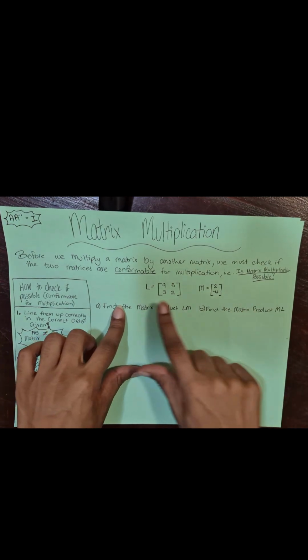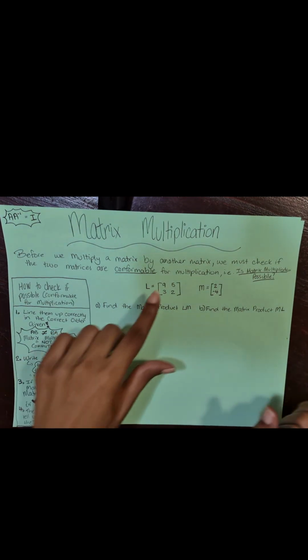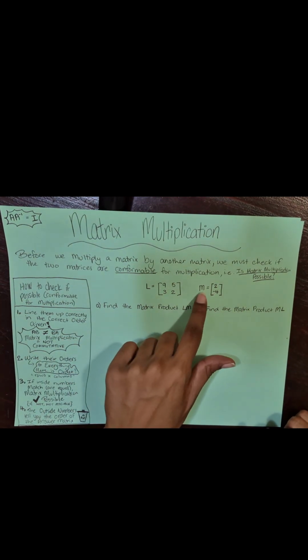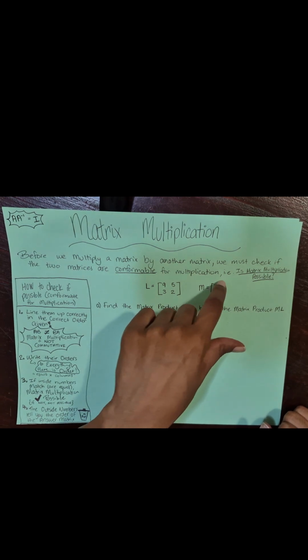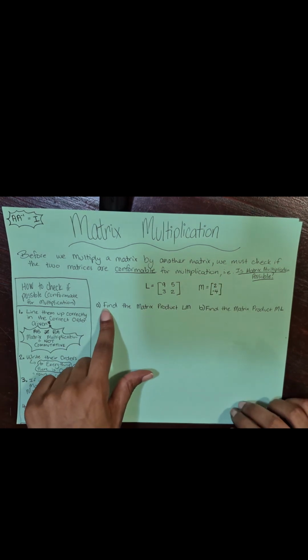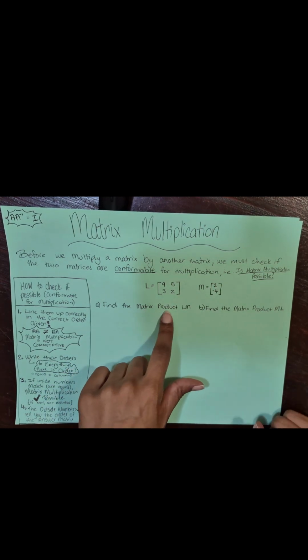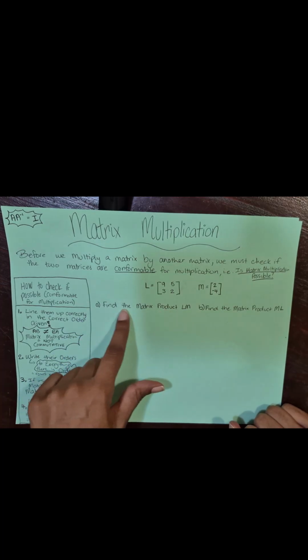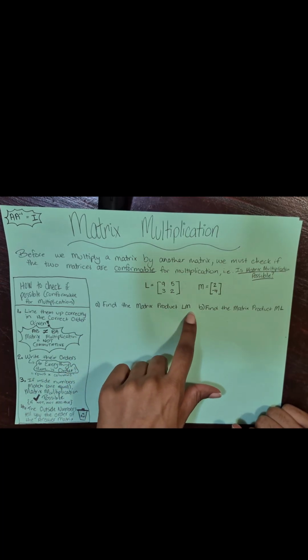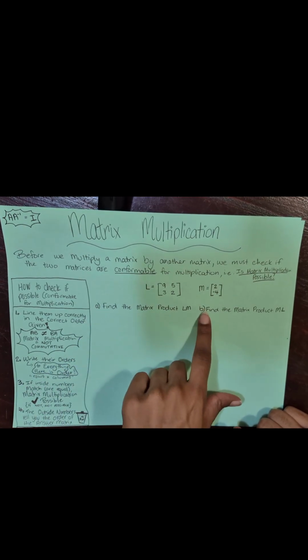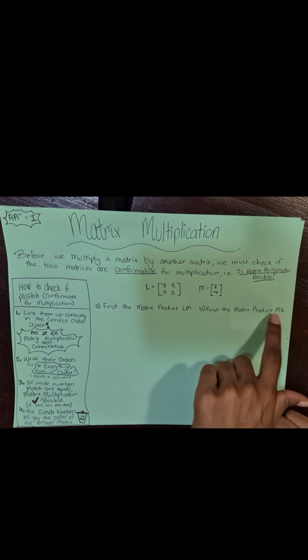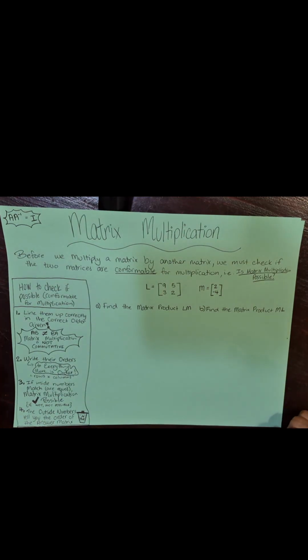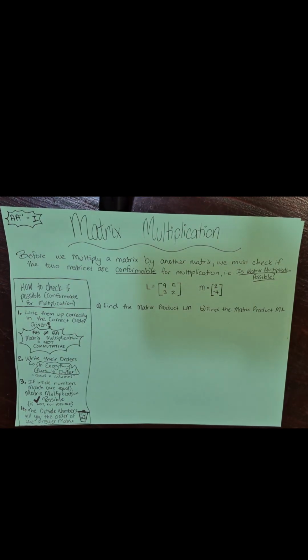In this situation, we have a matrix L, which is 9, 5, 3, 2, and we have a matrix M, which is 2, negative 4. The question says, find the matrix product, product means multiply, find the matrix product LM, that's A. B says, find the matrix product ML. The order of the matrices matters.